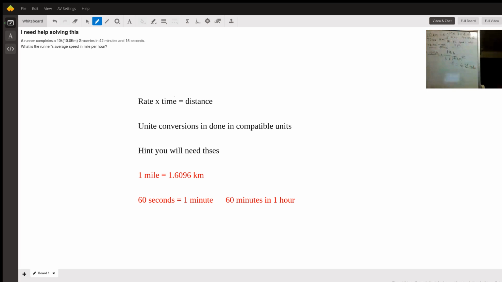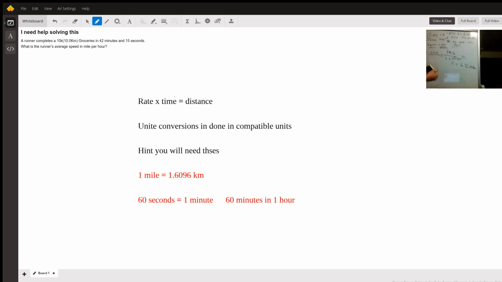Got that converted. The next thing I need to figure out is what to do about this. We can't have 42 minutes and 15 seconds, because again, we're talking about miles per hour. The first thing we need to do is get rid of the seconds and convert them into minutes.